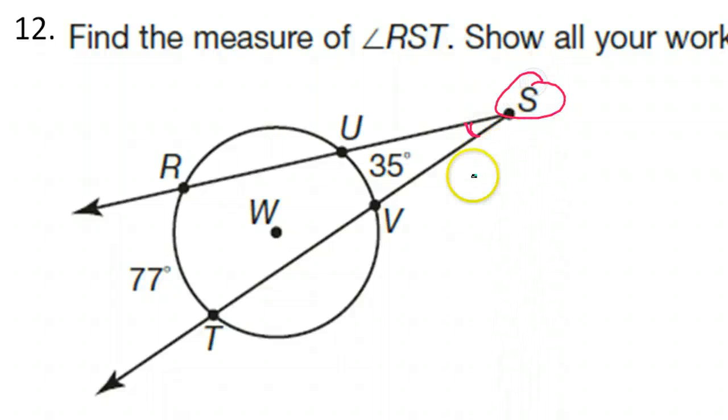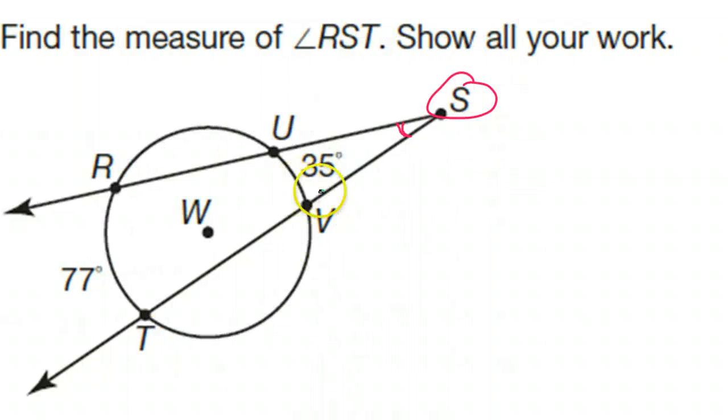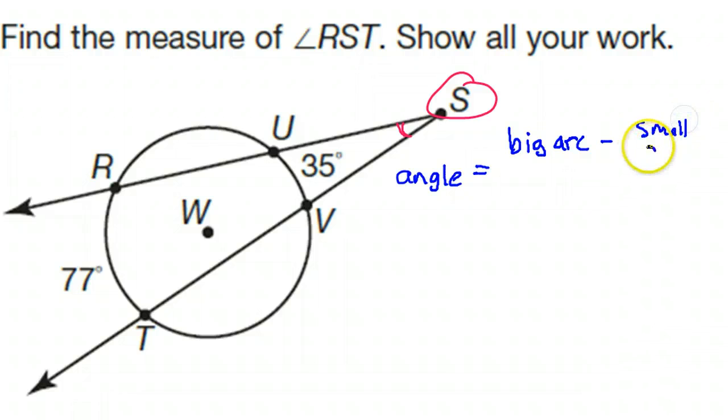So remember, the way the formula is set up in a situation like this, when you are outside of the circle, the angle, let me just write it in words. The angle is equal to the big arc minus the small arc divided by 2.